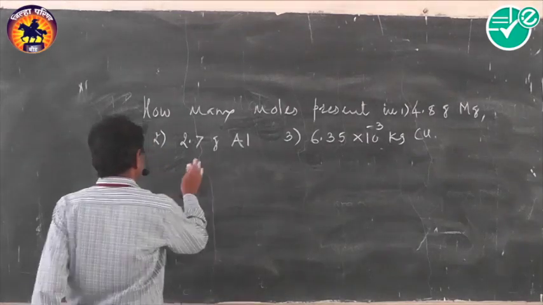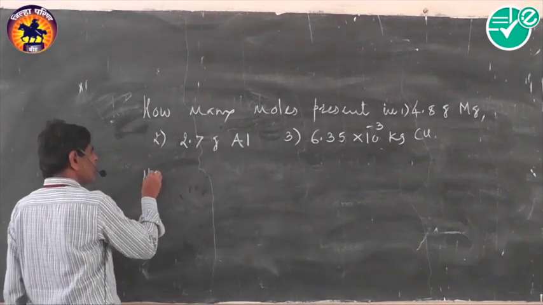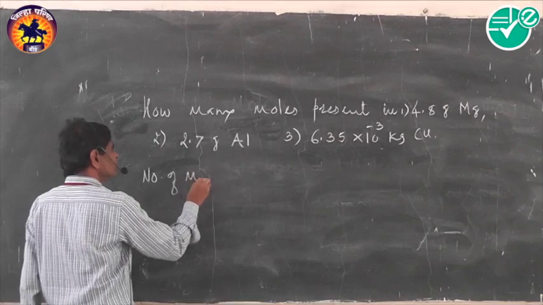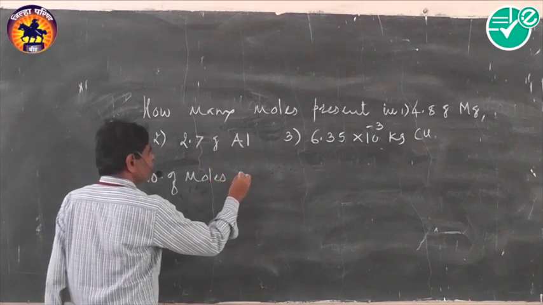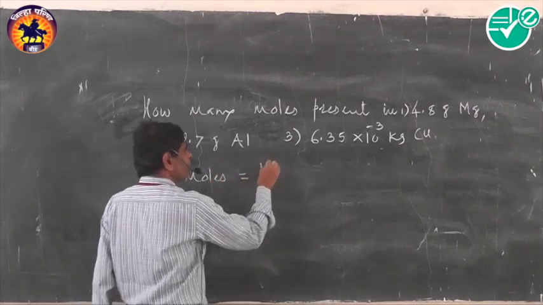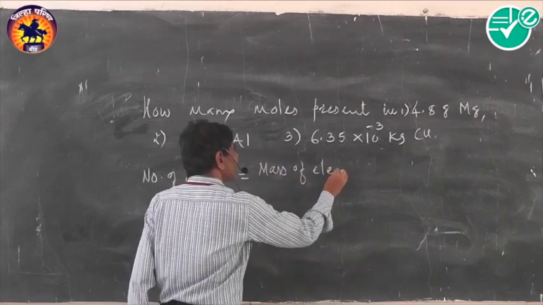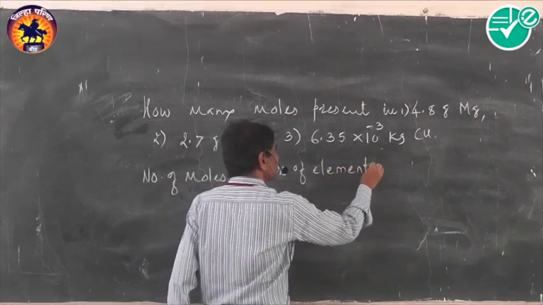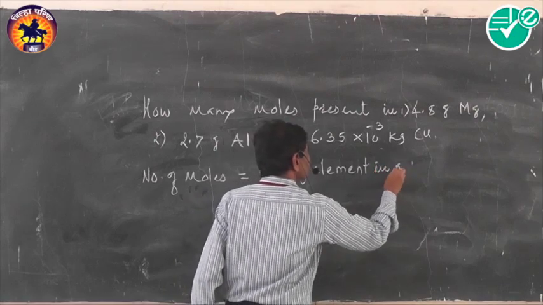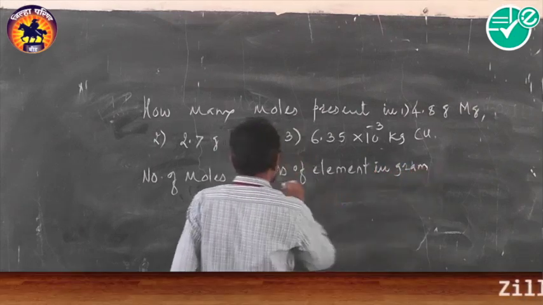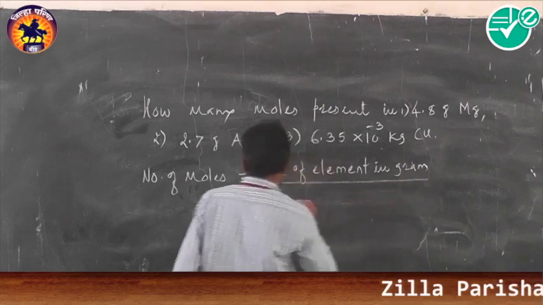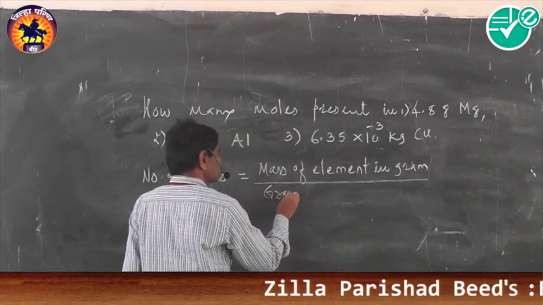And so what is the general relation? Number of moles is equal to mass of element in gram divided by its gram atomic mass.